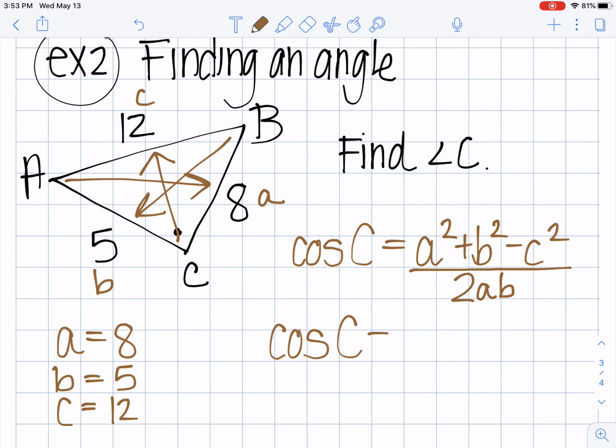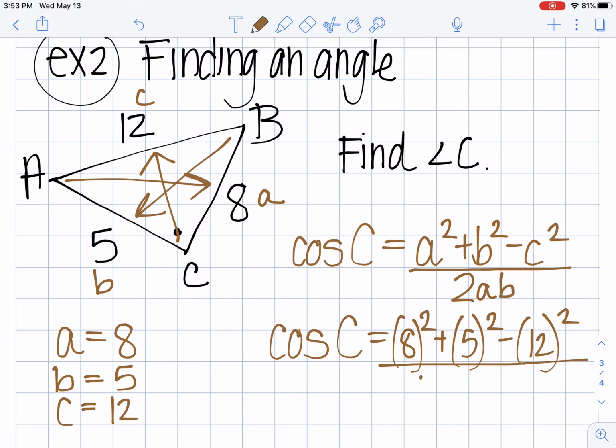Cosine of angle C is equal to 8 squared plus 5 squared minus 12 squared divided by 2 times 8 times 5.